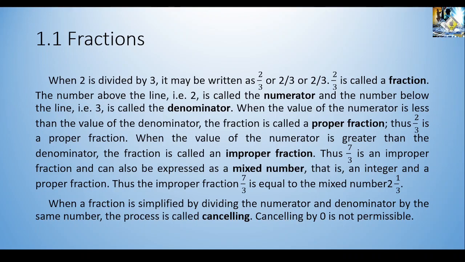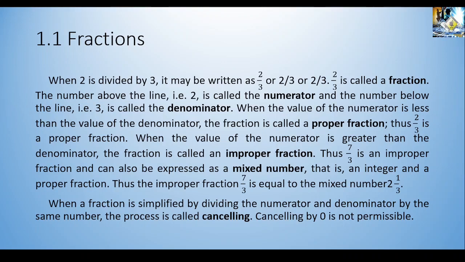When the value of the numerator is less than the value of the denominator, the fraction is called a proper fraction. Again, if the numerator is less than the denominator, we call it a proper fraction.